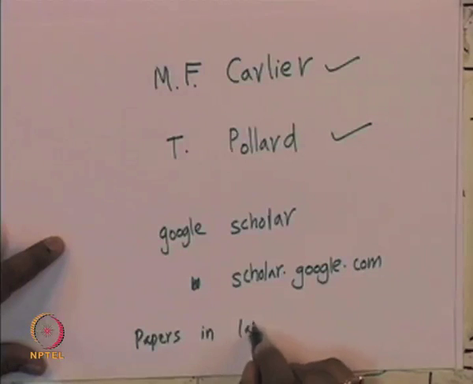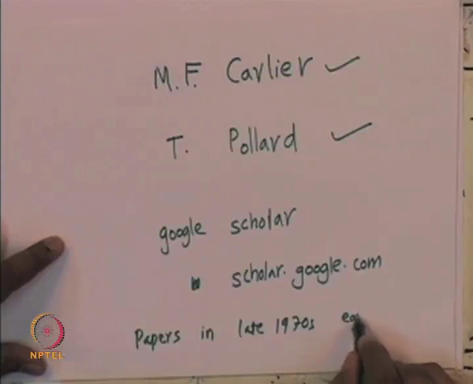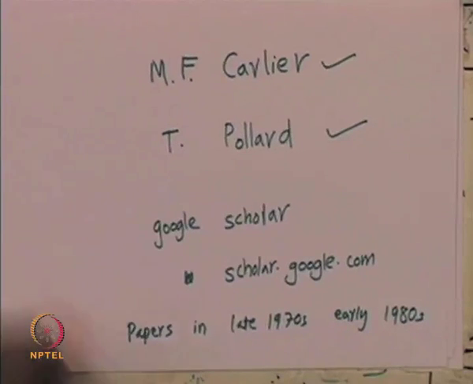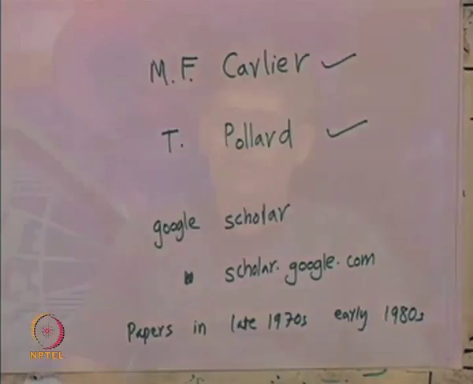So, late 1970s, early 1980s. So, roughly around this time, if you look at the papers, you can see that they have done experiments studying actin polymerization, exactly the same experiment that we discussed.